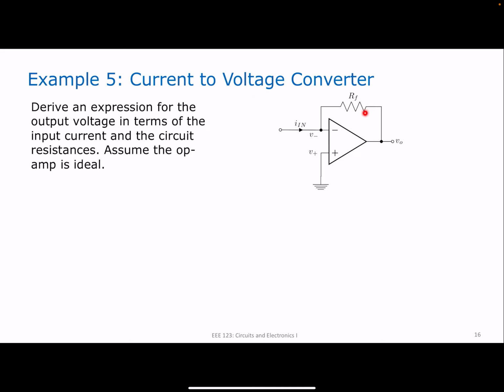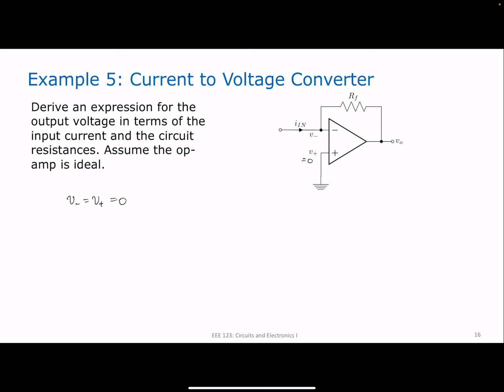If there is negative feedback, then there's a good chance that this is not going to be saturated. Let's assume that the output is not going to saturate in this particular case. Then we have V minus is equal to V plus, assuming that the op-amp is ideal, which will be equal to 0 because V plus is equal to 0. So V minus is equal to 0.